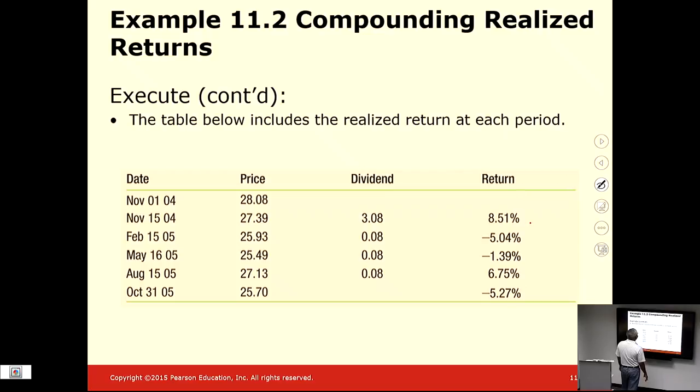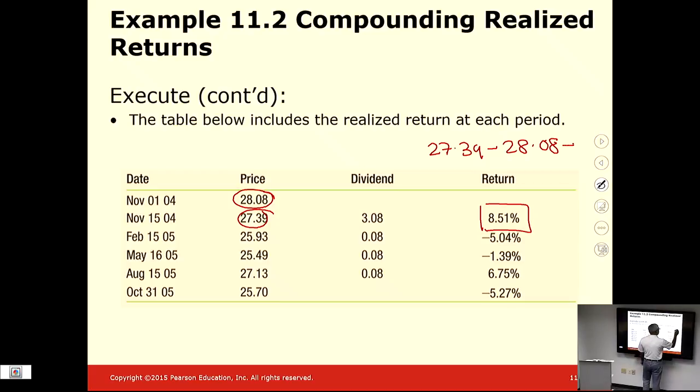So to do this, based on each price, I will compute return. This return is calculated as ending price 27.39 minus beginning price 28.08, plus the dividend 3.08, divided by the beginning price 28.08.